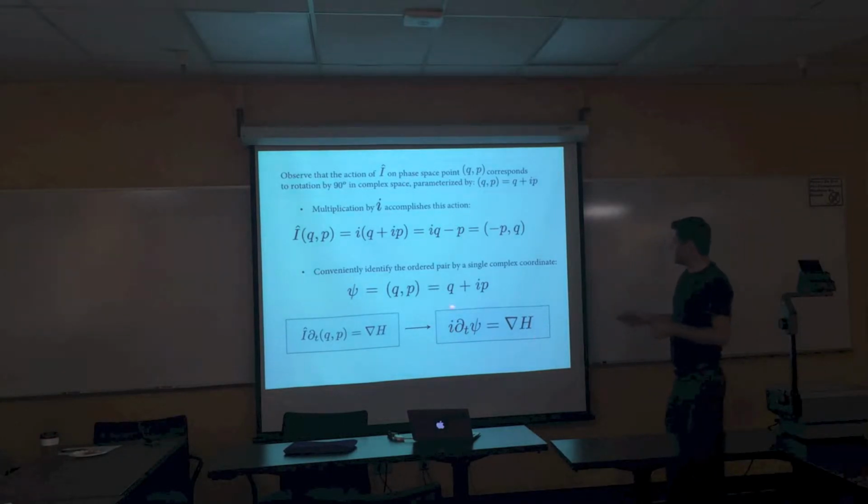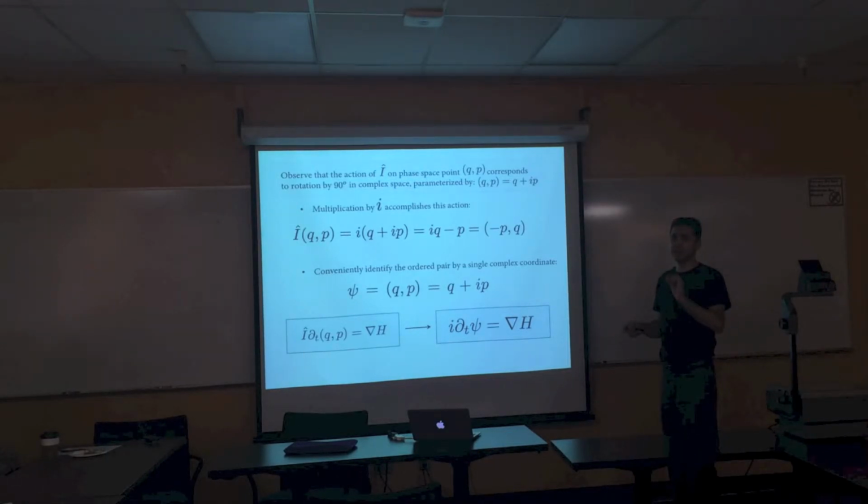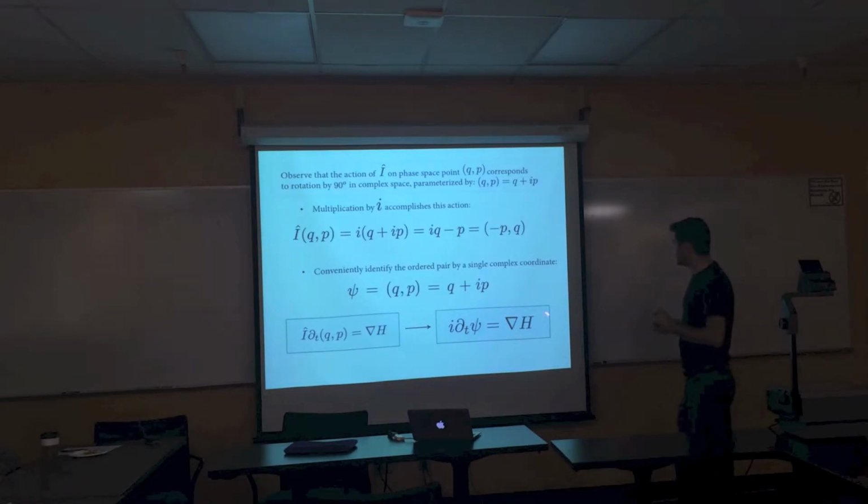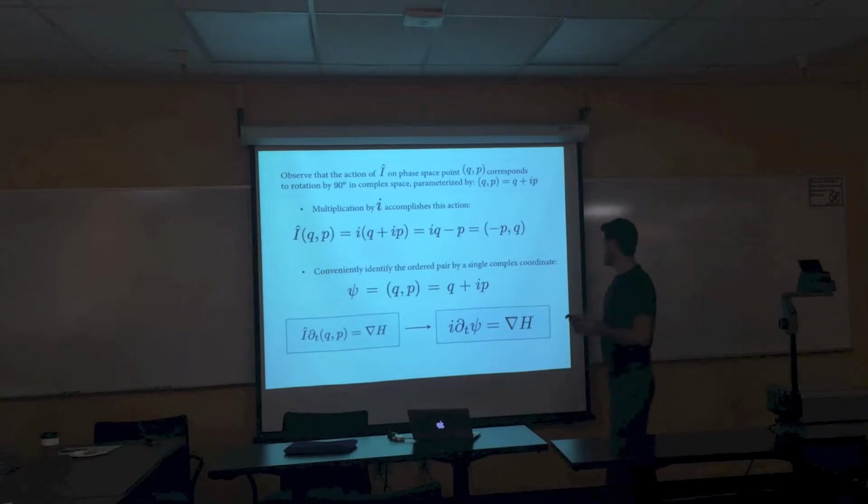The entire classical mechanics is contained in this equation. There's really nothing else. Angular momentum and all of those things are still functions on phase space variables. So pretty much we can say this is just a compact way to rewrite classical mechanics using this psi, which is just a complex coordinate qp.